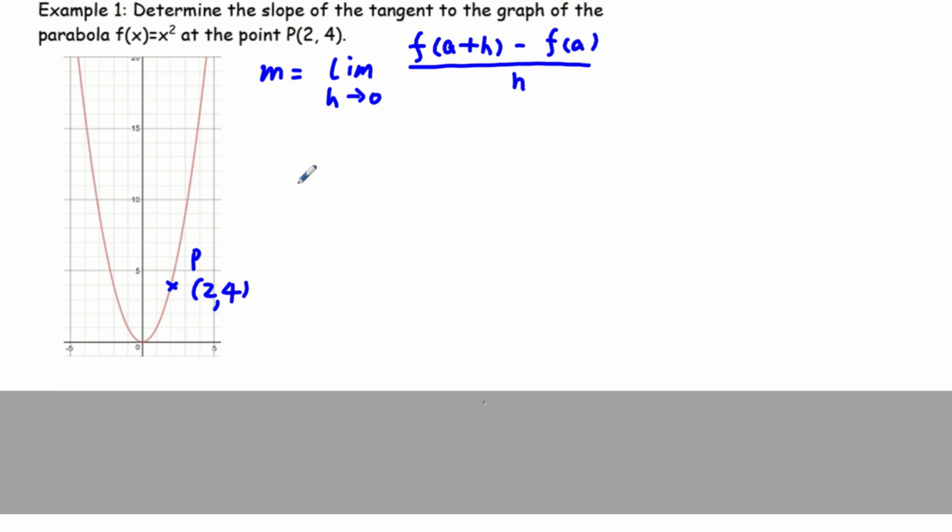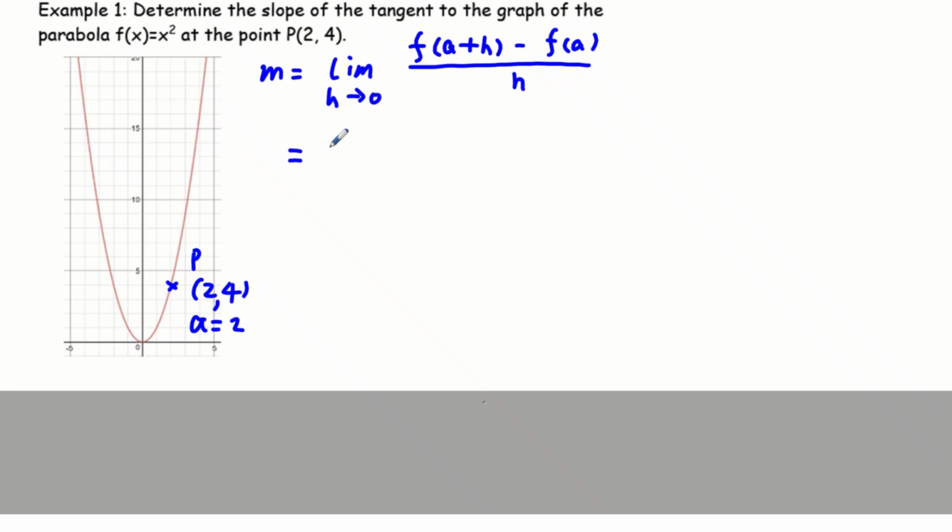After we find the slope in terms of a, we sub in the a value equals 2, then we are able to find the slope of the tangent at any point on the graph.